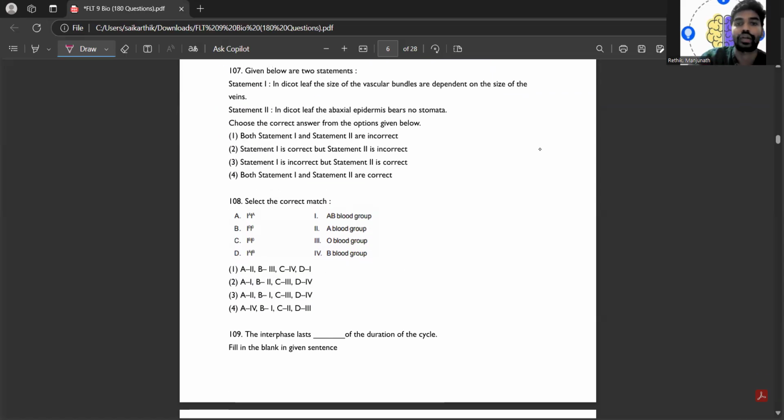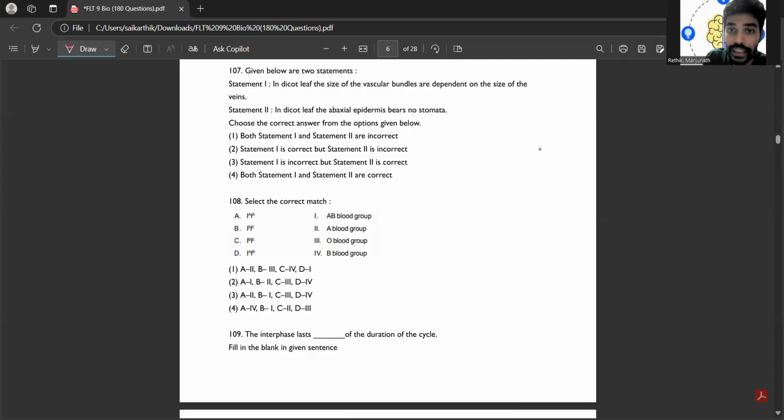So given below are two statements here. Statement 1 says that in the dicot leaf, the size of the vascular bundles depends on the size of the veins, where statement 2 says that the abaxial epidermis of the dicot leaf bears no stomata.